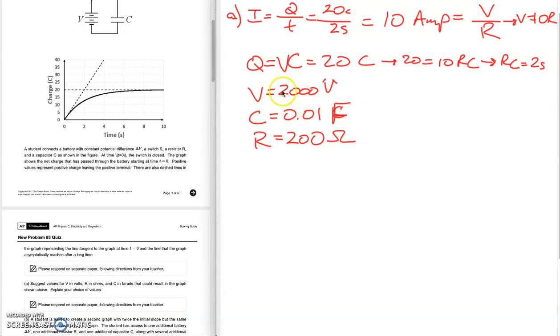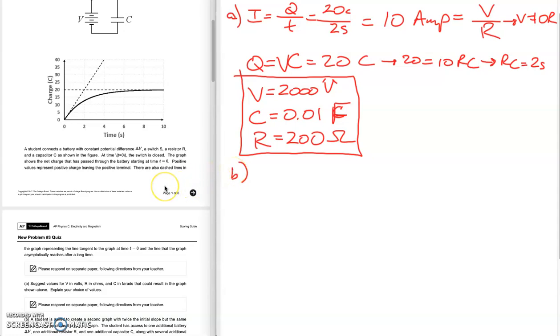That's expected. 2,000 divided by 200, that gets us 10 amps. And then 200 times 0.01 satisfies 2 seconds. So as long as your values obey those 3 rules, you can pick any numbers you want. They just have to multiply or divide to be 20, 2, and 10.